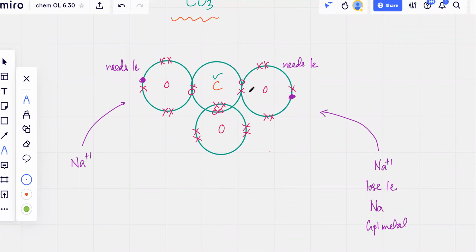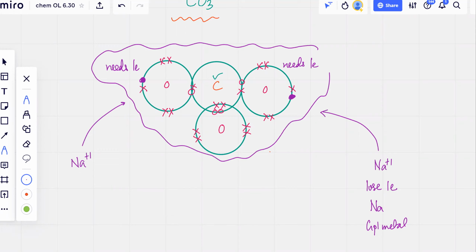So the thing is that this molecule has now become an ion because it's going to have a charge of -2. Why? Because the molecule's outer shells were not becoming complete, and now it has gained electrons from outside to complete its outer shell. So this is your carbonate ion. This is what we had discussed last time.